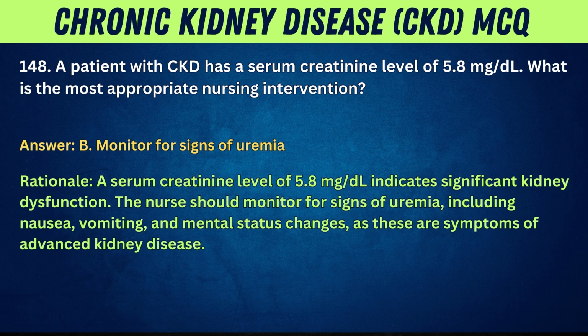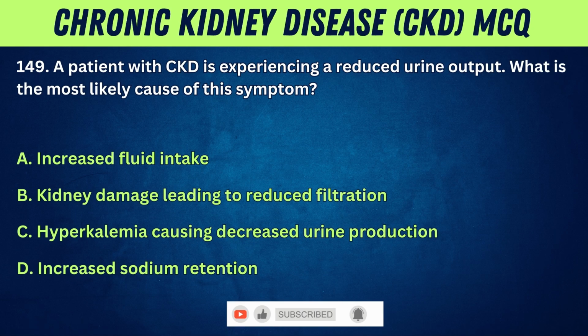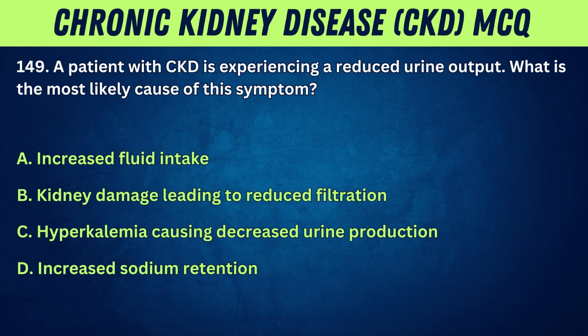Rationale: A serum creatinine level of 5.8 milligrams per deciliter indicates significant kidney dysfunction. The nurse should monitor for signs of uremia, including nausea, vomiting, and mental status changes, as these are symptoms of advanced kidney disease.